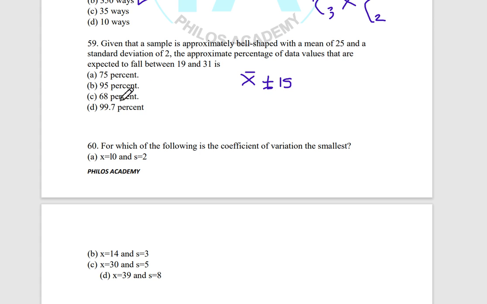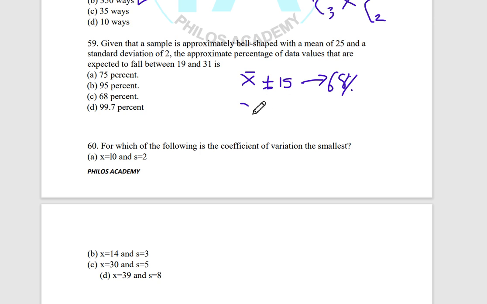Sorry, 68% of the values will fall within the mean plus or minus one standard deviation. You should keep that rule in mind. So 68% of the total values will fall within that.